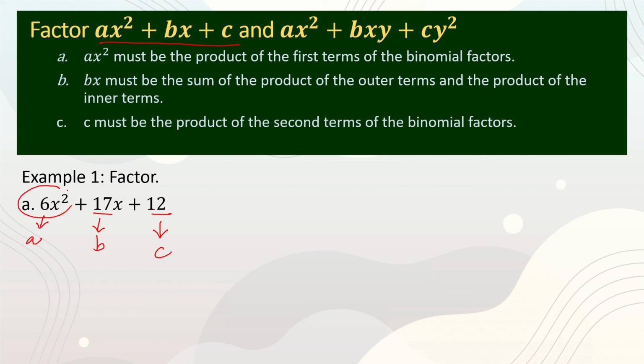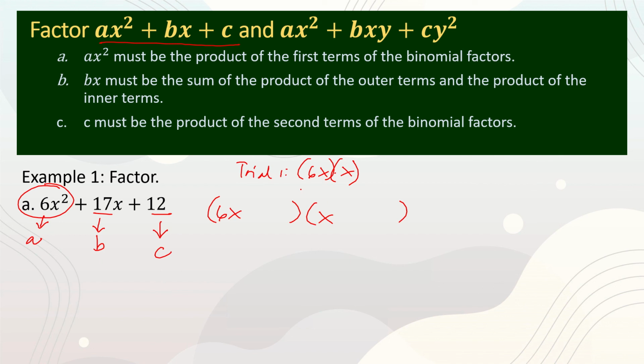So, following A, let's say our trial 1, you will think of factors of 6x squared as 6x times x. Okay? So what if that's what we will use? So automatically in our answer, we're expecting that this is 6x, this is x. 6x times x, that would be 6x squared.